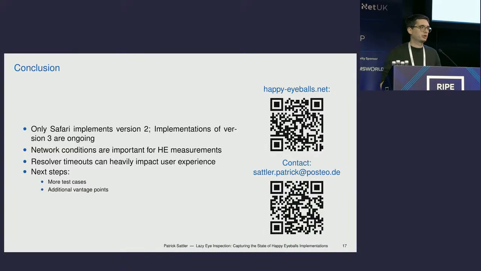You have a huge parameter space where you can have multiple different tests. And like I said, we are looking to have different vantage points. So if you have any ideas on what we might add, or have some resources where we can deploy such an instance, please contact us. Now, open to questions. Thank you.